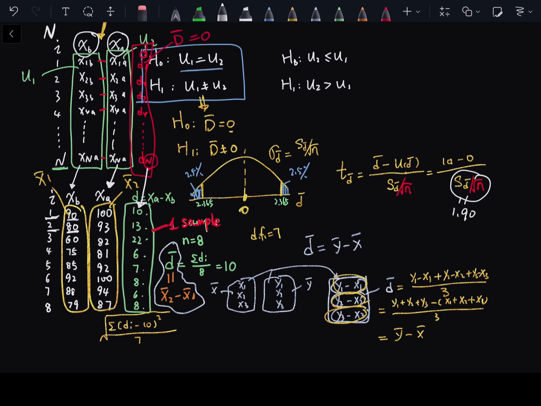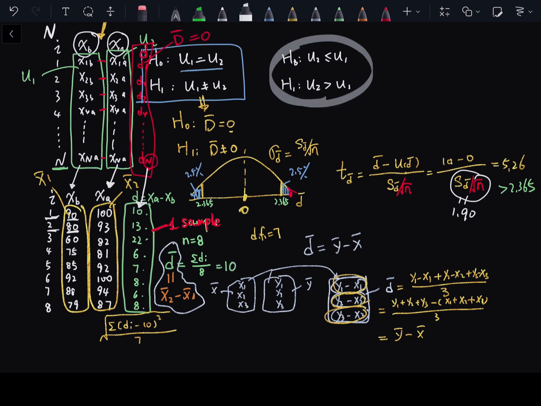So 10 over 1.90, you can solve for it. That equals 5.26. So 5.26 is way greater than 2.365, right? So it's here. So we reject the null. That means if there's no difference between two population means, it's very, very unlikely that you have a sample mean this large.